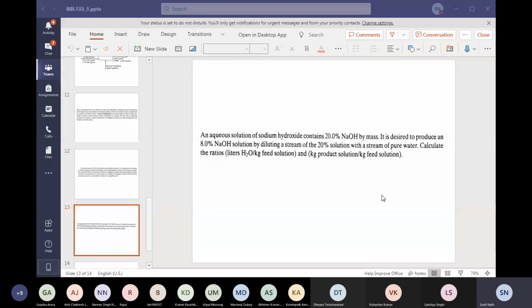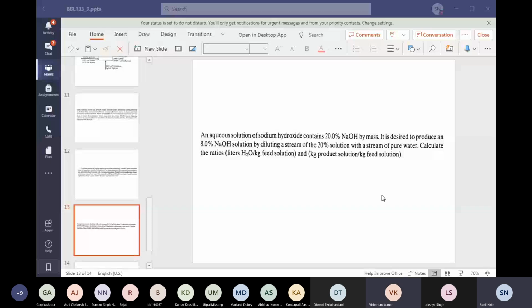Because you see, what is asked is a ratio, right? Grams of water per gram feed solution, or liters of water per kg feed solution. So where is the time here? The time part just disappears, right? So when I have the ratio, I can definitely take a unit. They can take the basis as 100 grams of something or 100 kg of mixed feed.